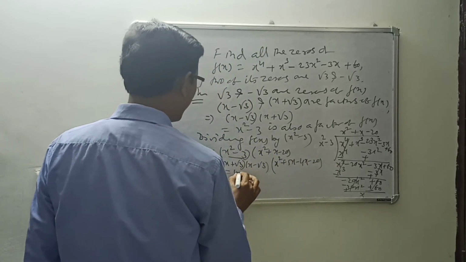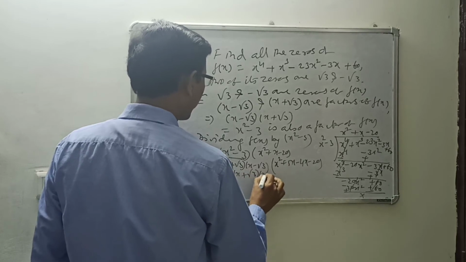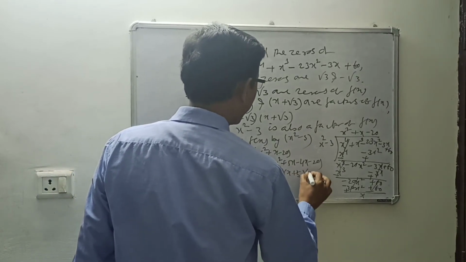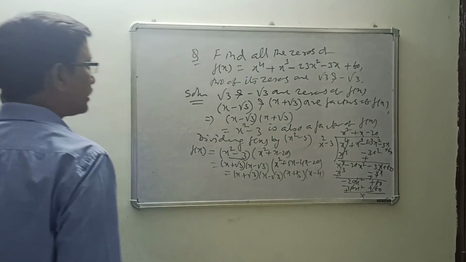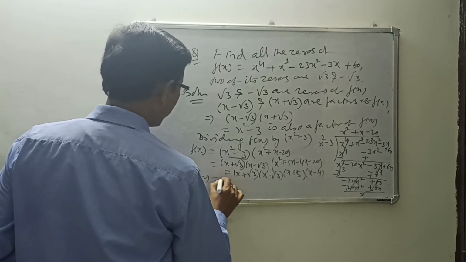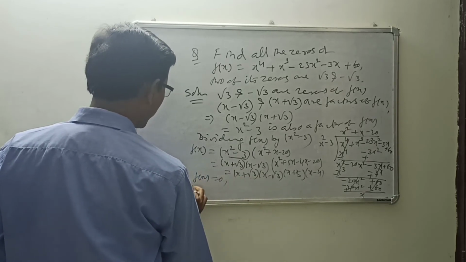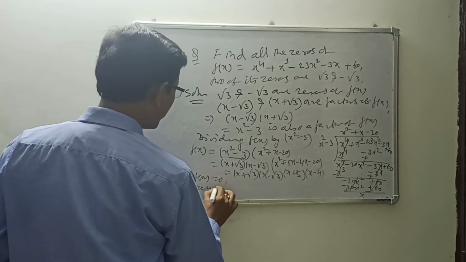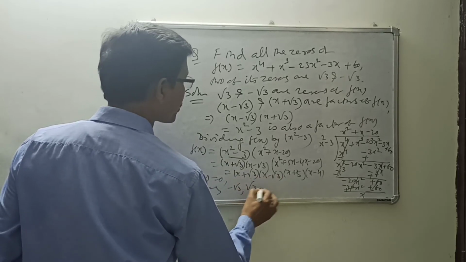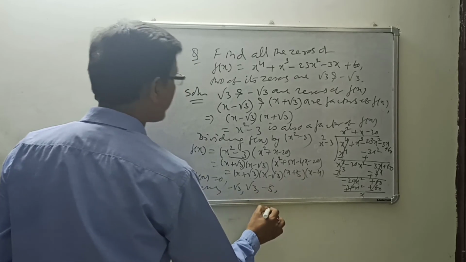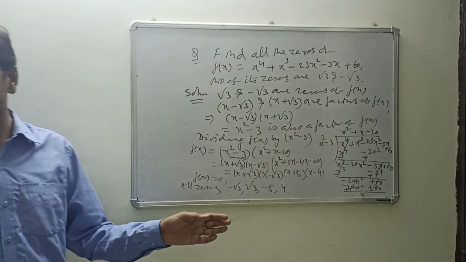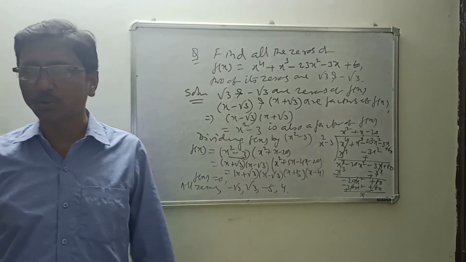So ultimately you will get x plus 5, x minus 4. Therefore for zeros this is equal to 0, it gives you this is equal to 0, so you will get all the zeros from here. Minus root 3, here you will get root 3, here you will get minus 5, here you will get 4. So these are the zeros of the polynomial we got.